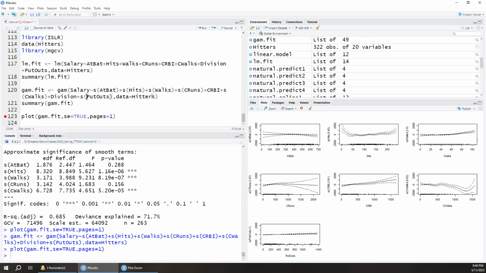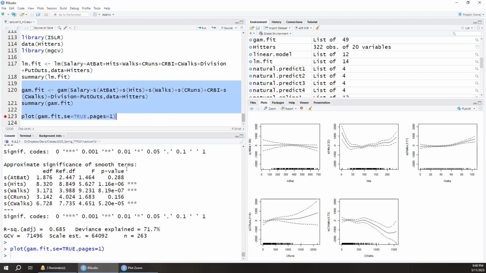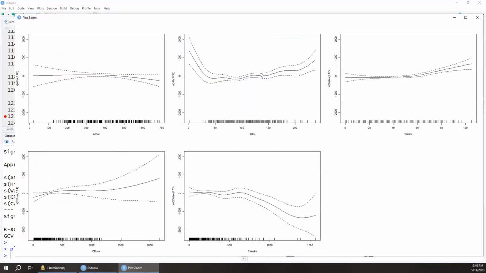I do that because I now have better interpretability by having my beta, but I'm not actually sacrificing anything in the fit because I can tell that they're fairly straight lines, right? And I've left the smoothing splines on the rest of the variables, given that they are not quite as straight as the other two.